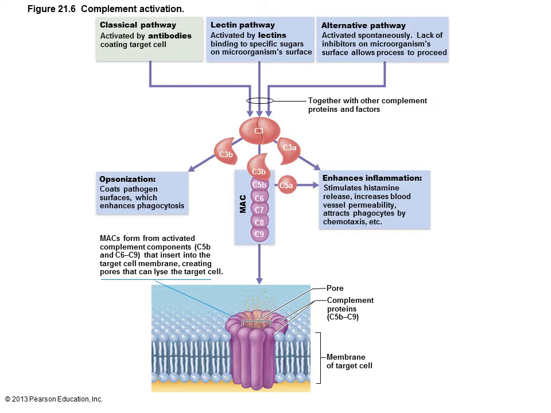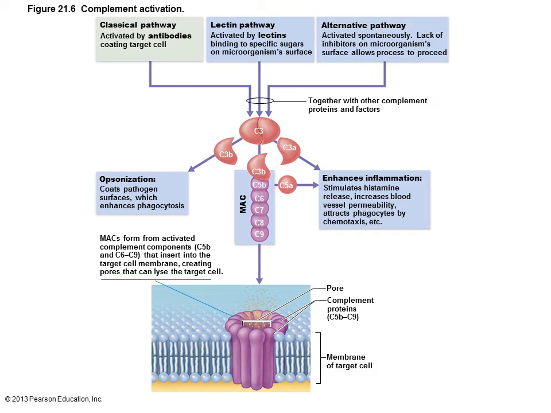However, together, each pathway converges on C3, which is the common pathway, and then they divide into either C3A or C3B. Then the common terminal pathway is initiated, enhancing the inflammation by inducing phagocytosis and causing cell death.